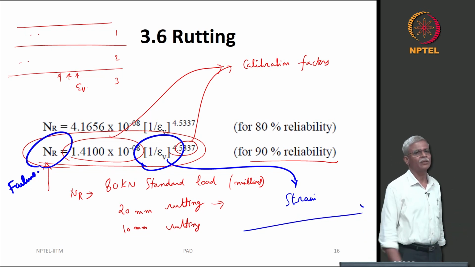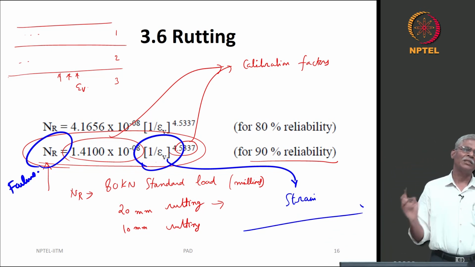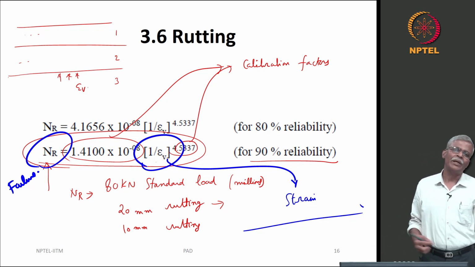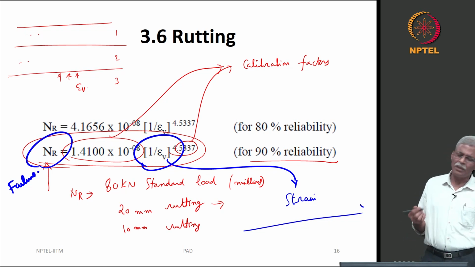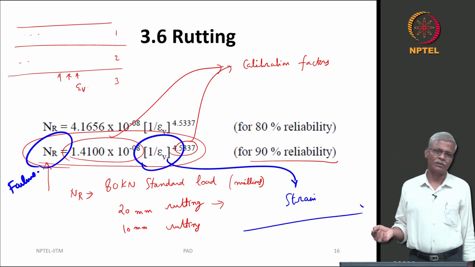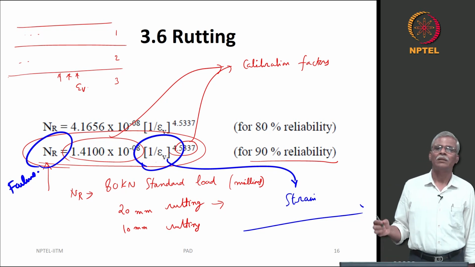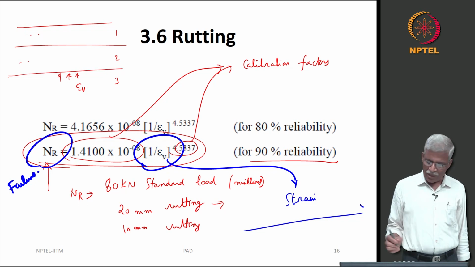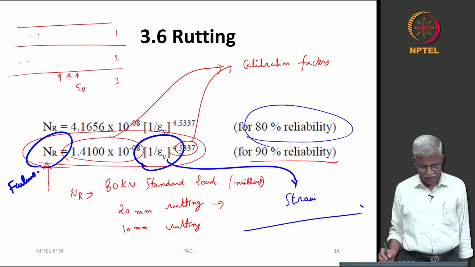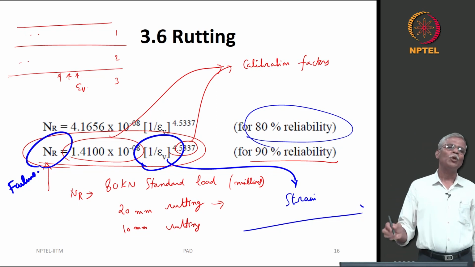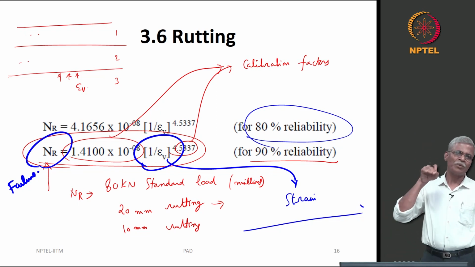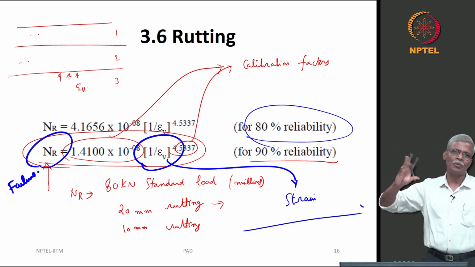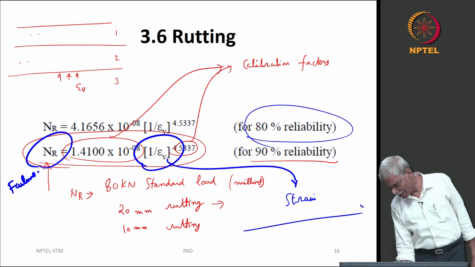The strain is related to the failure, and this relationship is established based on a large amount of field data, calibration and validation of local and global calibration factors, and these factors change when the reliability level changes. So, that means if you use 80% reliability, roughly you will say that the same pavement structure can take 4 times more, roughly 3.8 times more. That is what you are trying to say here.